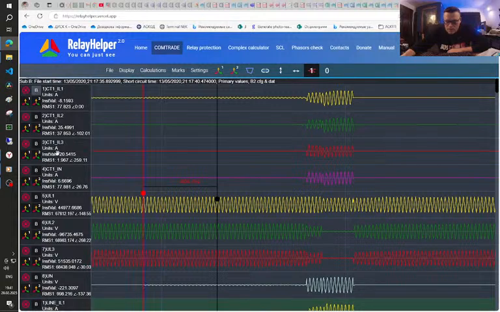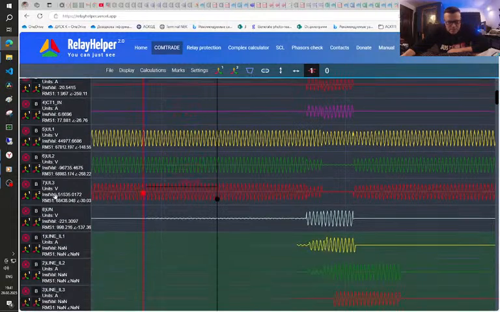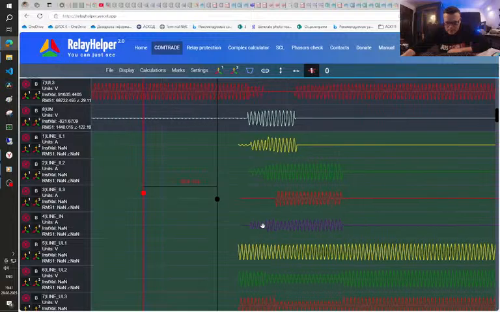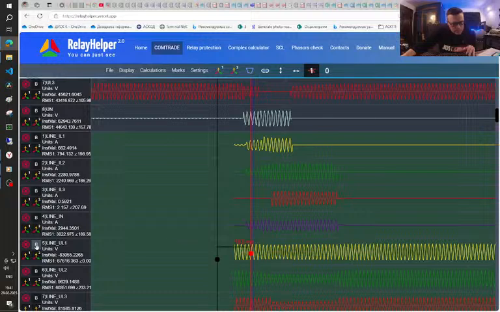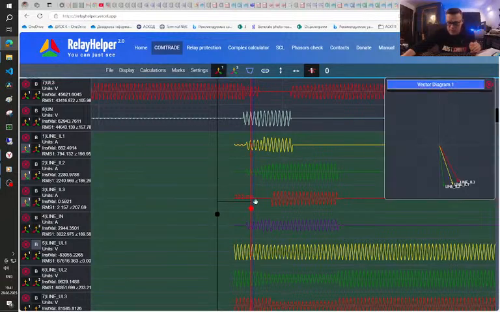Okay, now I want to build vector diagrams, in the beginning from substation A. This knob with B is a knob to make any channel a base channel. So I want to make phase B voltage the base channel and add currents to the first vector diagrams.